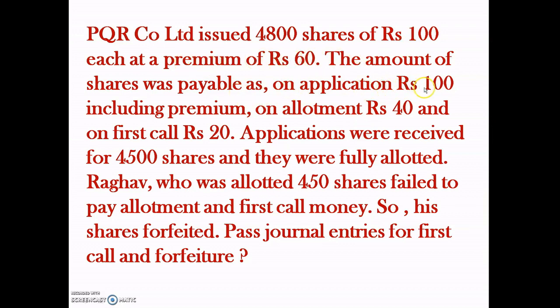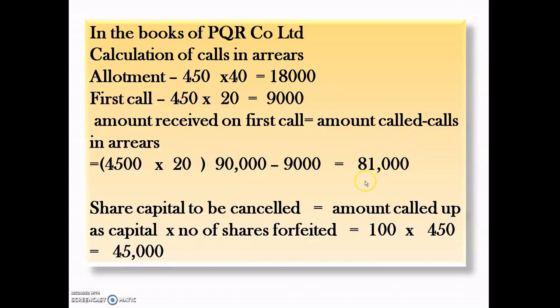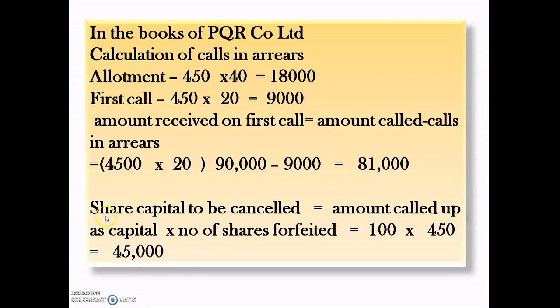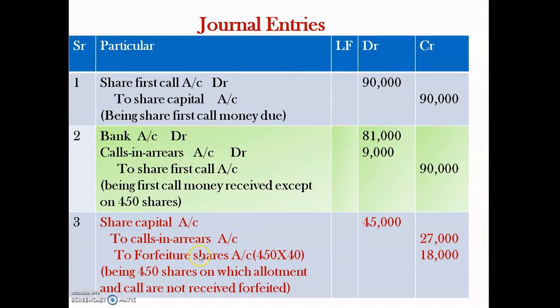We have to deduct the premium from this 100, it will come 40. We have to take that 40 here, and that will come 18,000, and this 45,000 is here. See here, working note: share capital to be cancelled, that is 45,000. Like this we have to do the forfeiture entry, being 450 shares on which allotment and call are not received, forfeited.